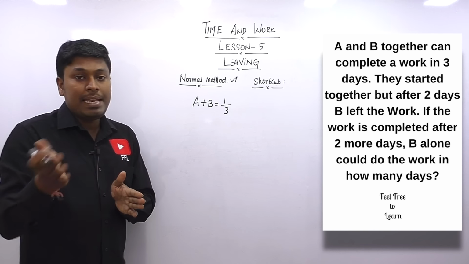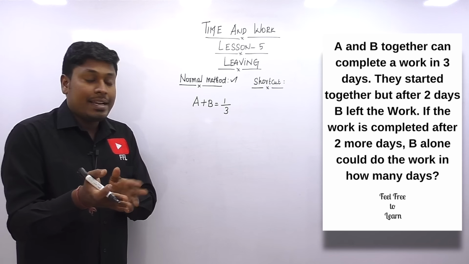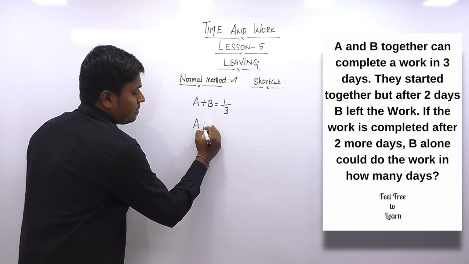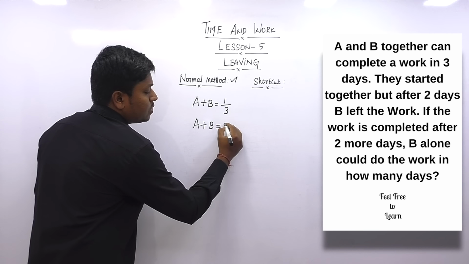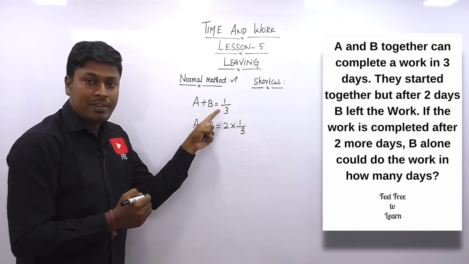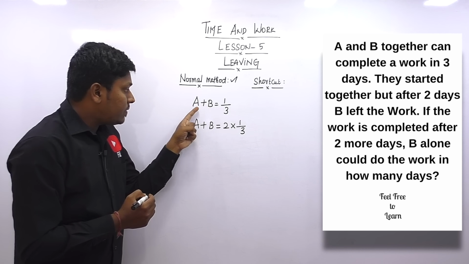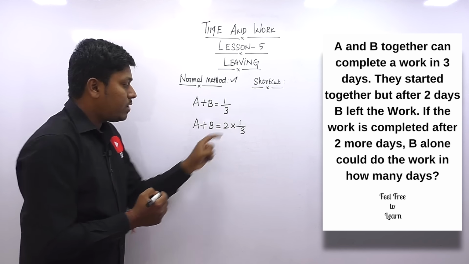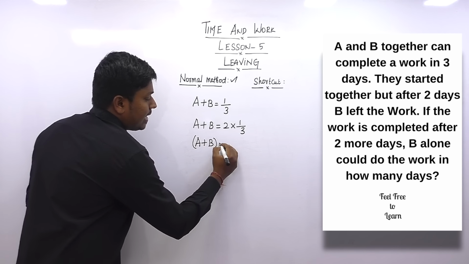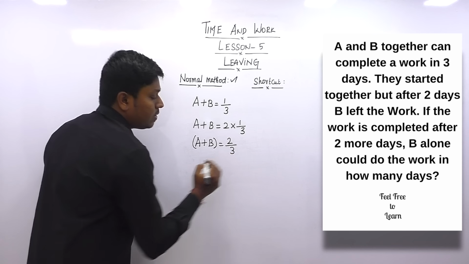After 2 days, B left. For the first day and second day, both persons A and B are working. So A and B work for the first 2 days into 1 by 3. Their 1 day work is 1 by 3, and both of them work for 2 days, so 2 into 1 by 3. So A and B for the first 2 days have completed 2 by 3rd of the work.